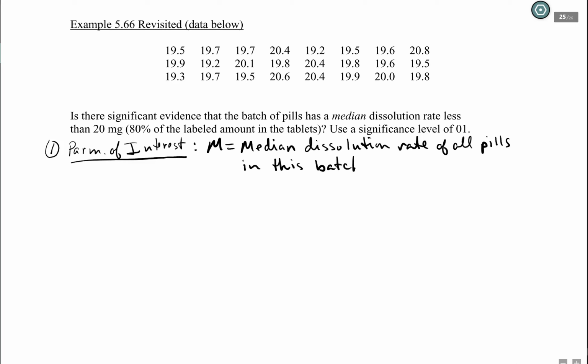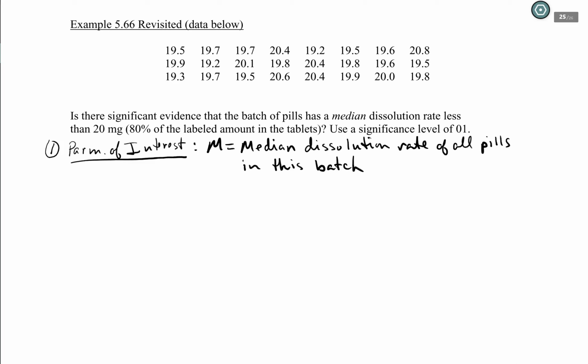Now, I need to make you aware of this. Recall the picture of the normal distribution. If your underlying population is normal, then the median and the mean are the same thing. And so what that's saying is inference on the mean is the same as inference on the median if the underlying population is normal.